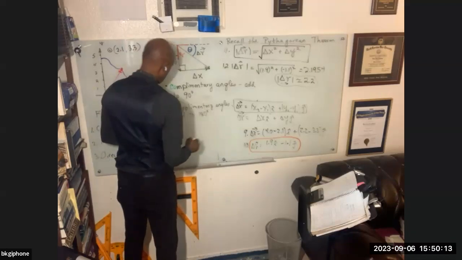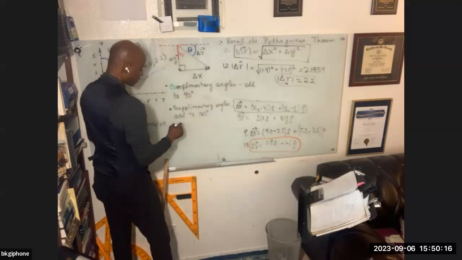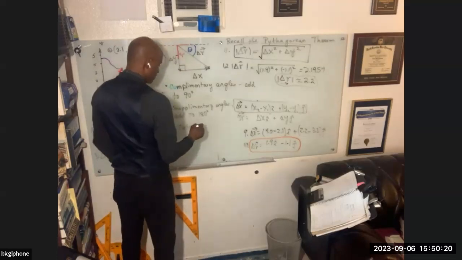While we're at it, let's go ahead and do this. Obtuse angles are greater than 90 degrees.